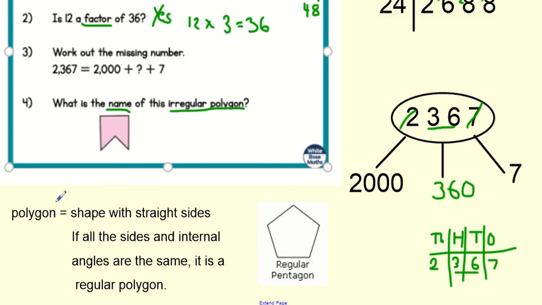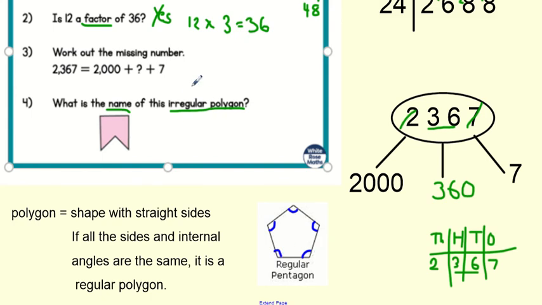So, sorry, a polygon is a shape with straight sides. And if all the sides are the same, so if we were to measure them, they'd all be exactly the same, and all the internal angles, so that's the angles on the inside of the shape, are all the same, then it is a regular polygon.